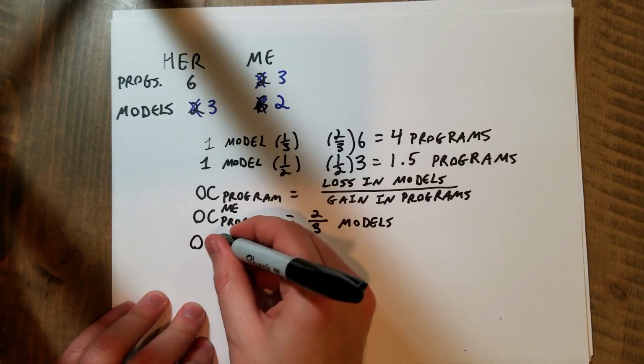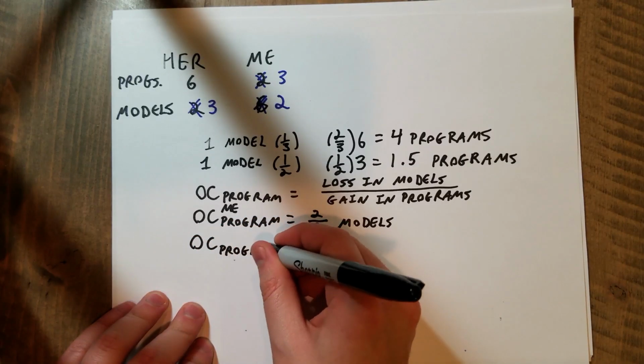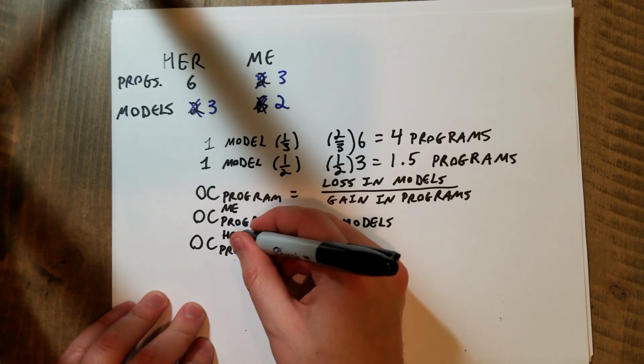Now that's for me. We can calculate out the same thing for her. The opportunity cost of a program for her is the same thing. If she was spending all of her time on models, she'd make 3 models. If she gives that up and instead spends all of her time on programs, she makes 6 programs. So she gave up 3 models in exchange for 6 programs.